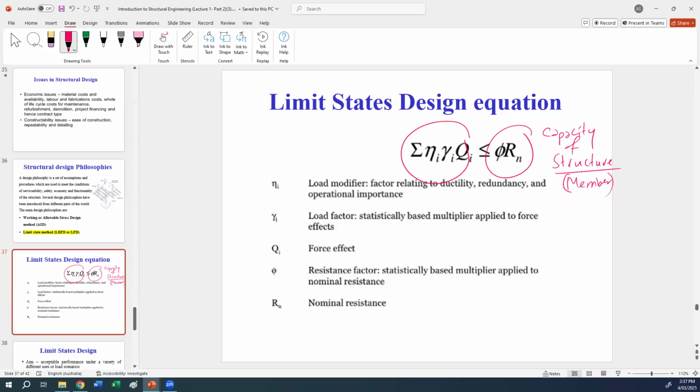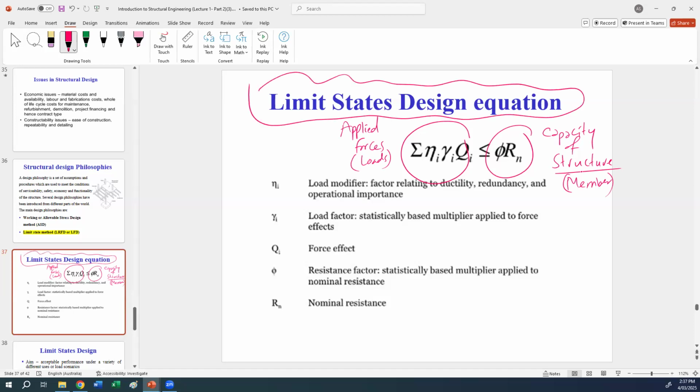On the other side, the left-hand side, we have the applied forces or applied loads. So the limit state design equation has two terms. To make a safe design, we need to have the applied load less than or equal to the capacity of the structure. If the capacity of the structure is more than the applied load, this is a safe design.